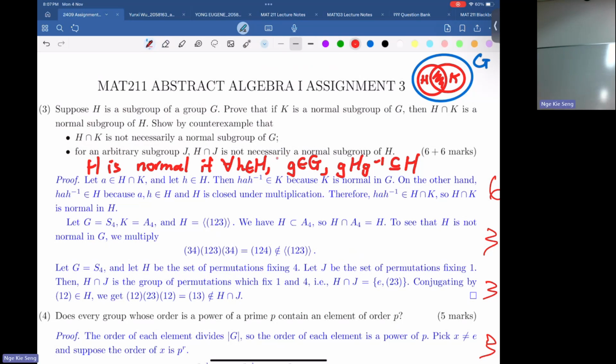Actually 也要 for all 哦，每一个，很强的，okay quite strong. For all 啊，you need to check for all.